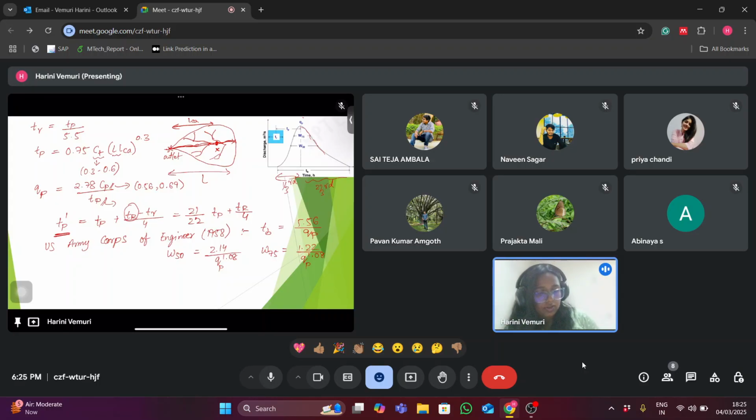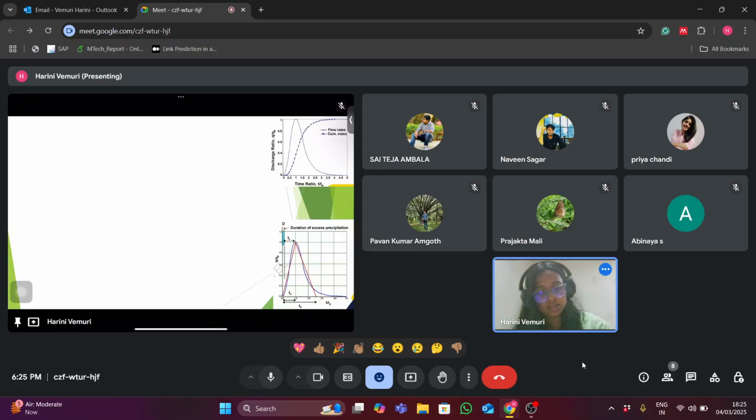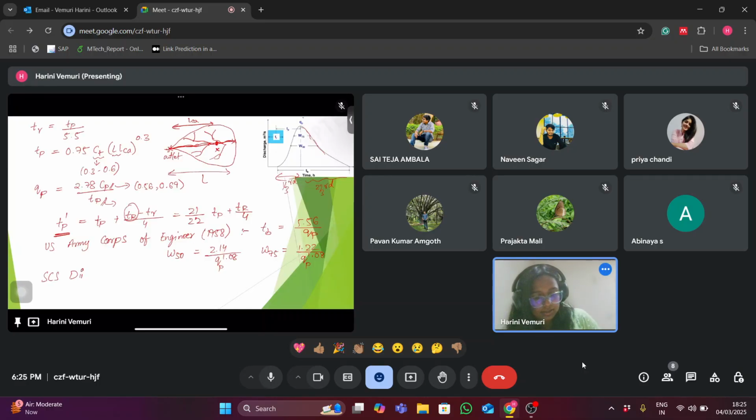Okay. So the next method is the SCS dimensionless unit hydrograph method. It was developed by the Soil Conservation Service in 1975, which is now known as NRCS.